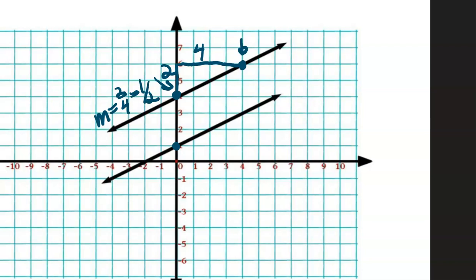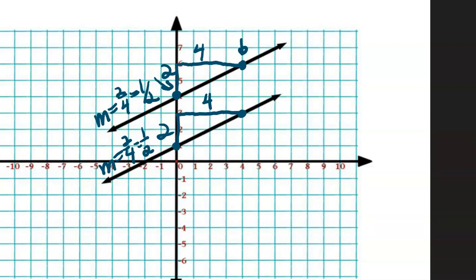The same thing if we look at the line below there. To find the slope again, we find a convenient point such as this one, and the y-intercept, and we count how far up do we have to go to get to that point. 1, 2. How far over? 1, 2, 3, 4. So again, that line has a slope of 2 over 4, which simplifies to 1/2.